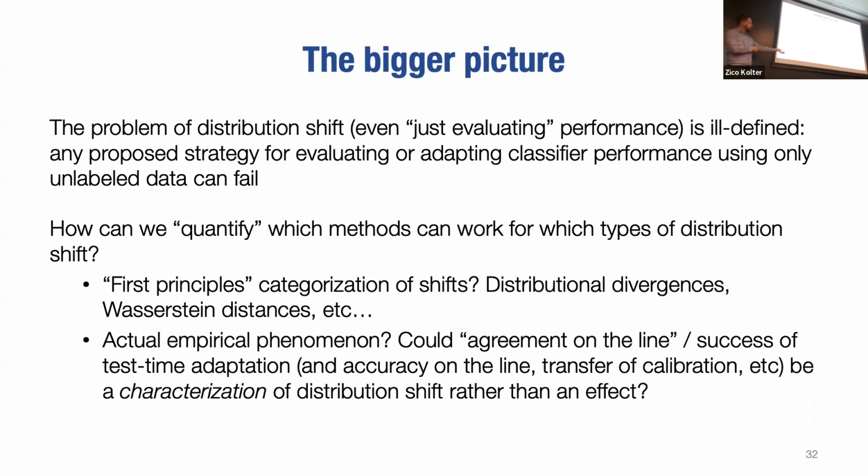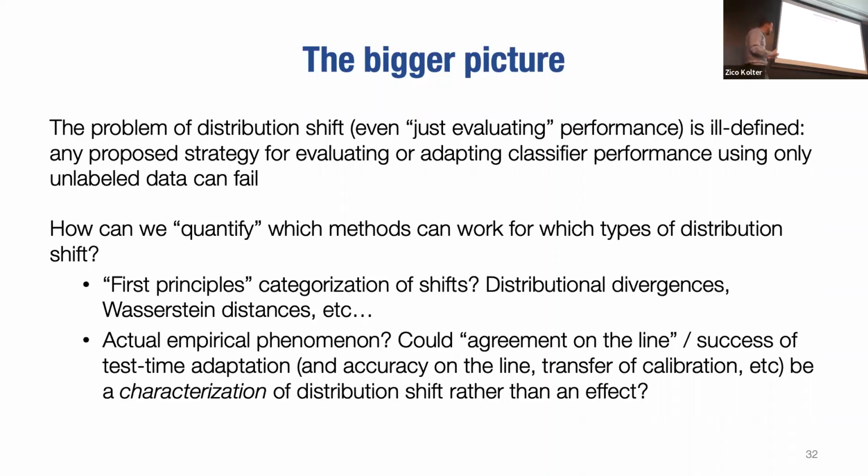And I think this first principle categorization of distribution shifts has some limitations. I think it can be quite hard to know how to define what's the right set of possible shifts. Like, when is a distribution really the same versus when has it changed, et cetera.